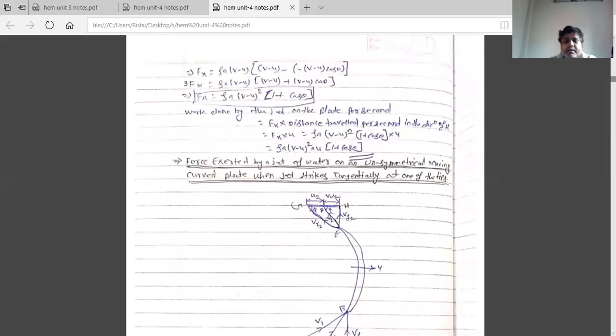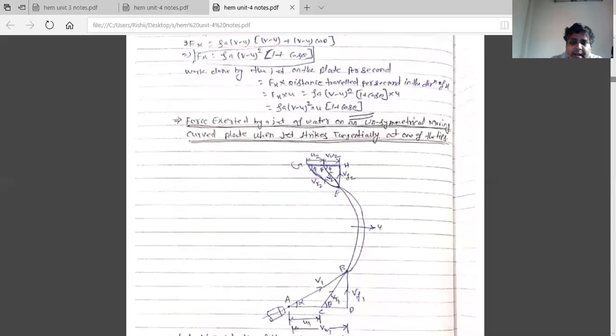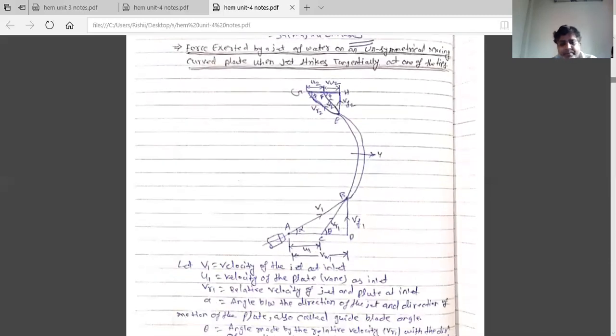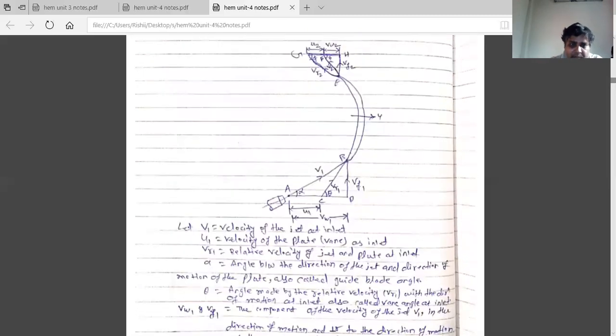Now, the next case: force exerted by a jet of water on an unsymmetrical moving curved plate when the jet strikes tangentially at one tip. Here consider two velocity diagrams, inlet and outlet. V1 is the velocity of the jet at inlet, U1 is the velocity of the plate, and Vr1 is the relative velocity of jet and plate at inlet.